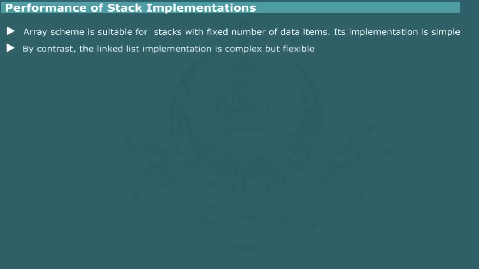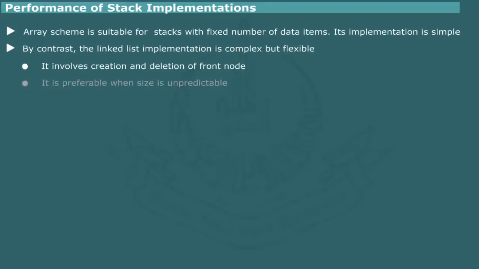By contrast, the linked list implementation is more complex. It involves creation and deletion of front node in the list. Additionally, data is either copied or removed from a node using pointers. The list-based representation is preferable when the size of a stack is totally unpredictable.